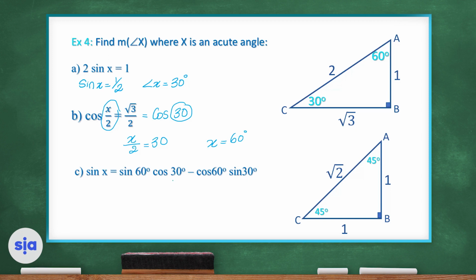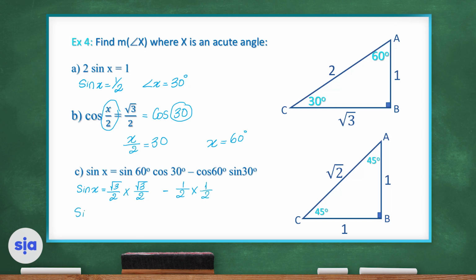Question C, sine x is equal to sine 60, which is square root 3 over 2, multiply by cosine 30, it has the same value, square root 3 over 2, minus cosine 60, which is half, times sine 30, which is also half.